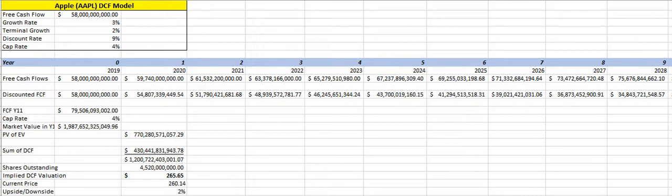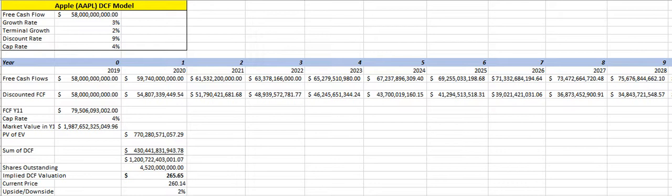I ran this model out to 2029, and then you can see there FCFY11, that is future cash flows projected. I get on a nominal basis in year 11, and then you take that, you divide it by the cap rate, which is again the corporate bond yield.